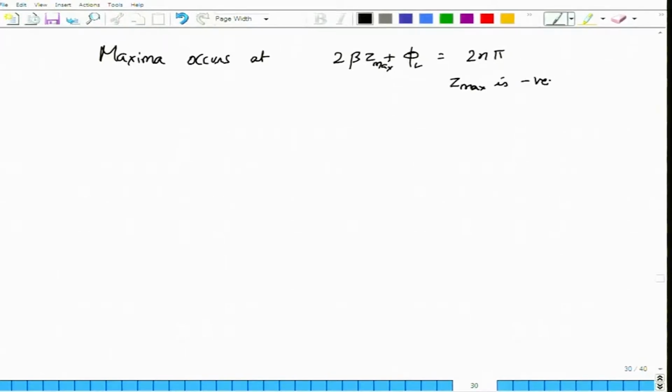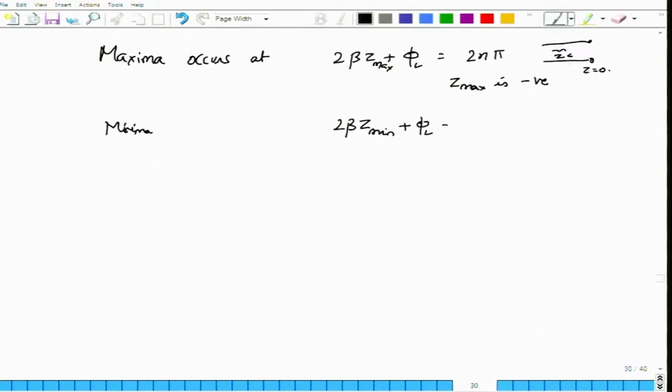Because of the notational convention that we have used, the transmission line is described by values of z which are negative, because the load is sitting at z equal to 0. Okay. When will we have minima? Minima occurs when 2 beta z min, I will just want to denote the differences between max and min.